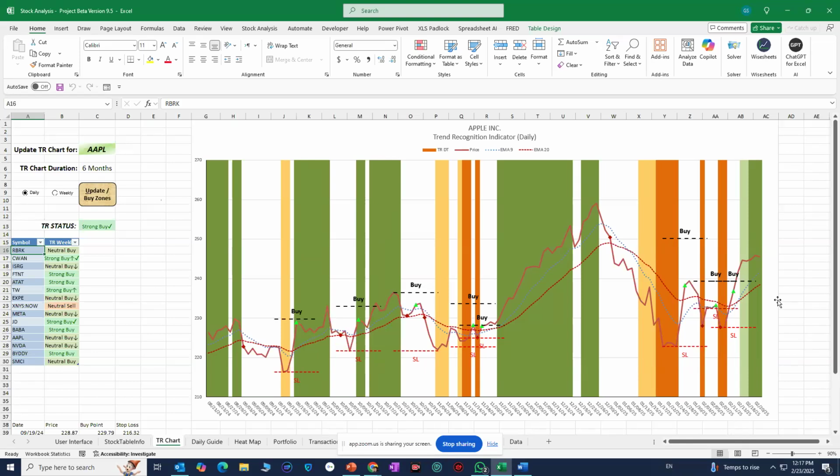So for example, right now we are right here in February. Our buy zone was here, this line where the cursor is. And when it gives us this signal, it assesses where the buy and sell stop zone is. So it identifies the sell stop loss zone.